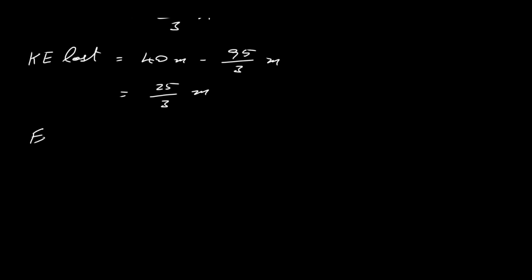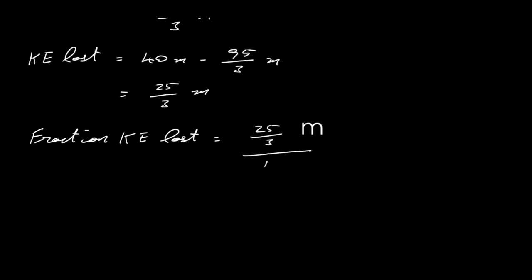So the fraction of kinetic energy that's lost is just 25 over 3, which is the amount that's lost, divided by the kinetic energy before, which was 40m. When you do that, you do get 5 over 24, which is what they asked us to prove in the question. Okay, so that's it for this question.